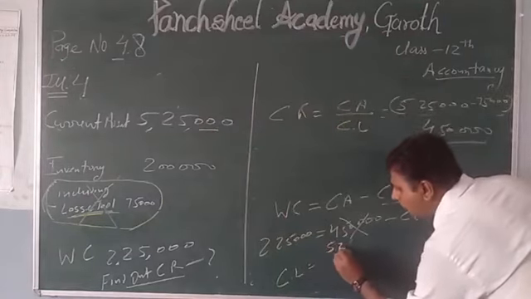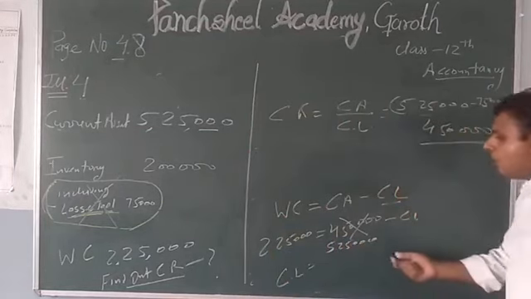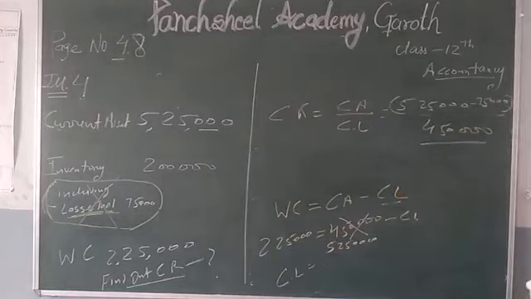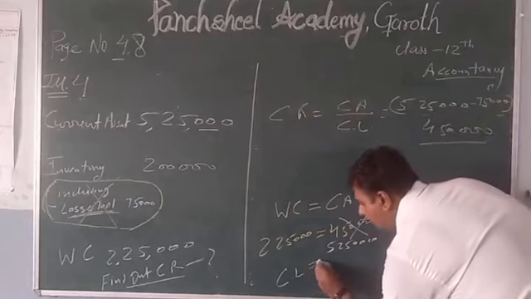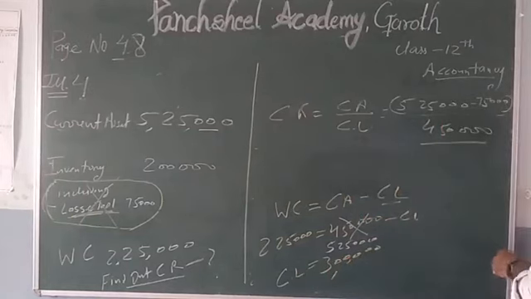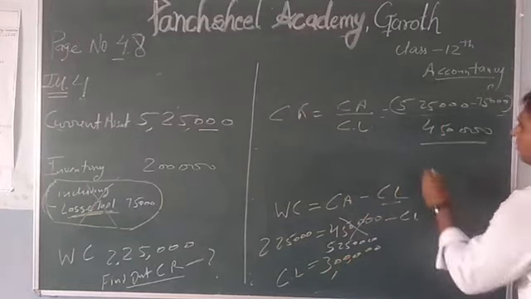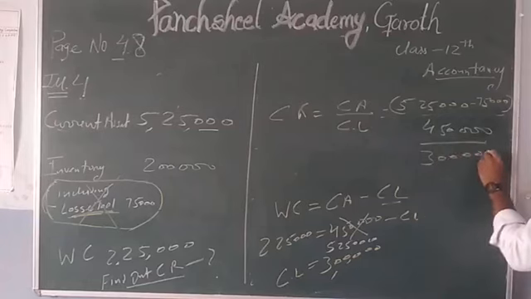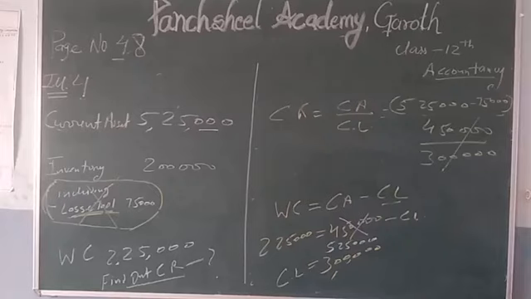So now 5,25,000 minus 2,25,000 is equal to current liability, which will be 3,00,000. So if you cut it, you will get the ratio 1.5 to 1.